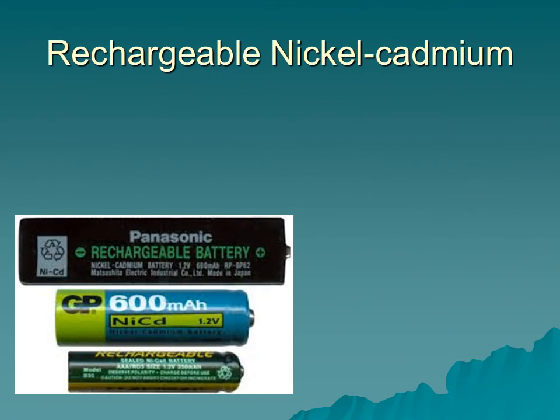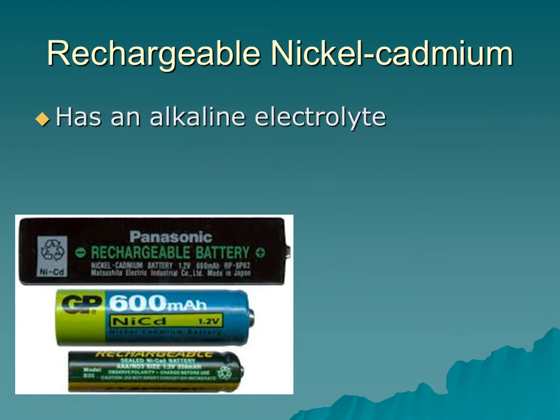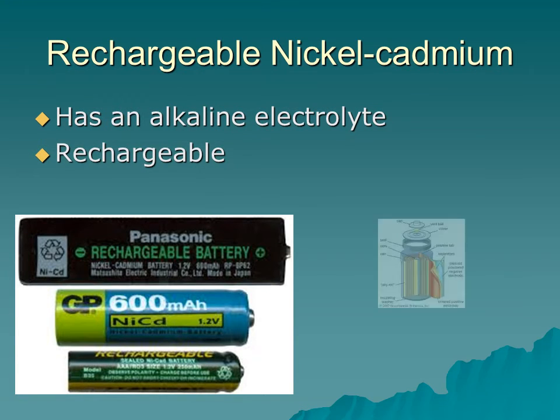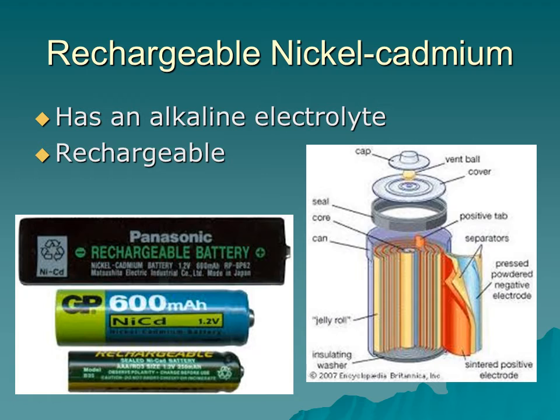Rechargeable nickel-cadmium cell has an alkaline electrolyte and is fully rechargeable. It has more or less the same construction as the Leclanché dry cell, but is made up of different layers of different chemicals, which serve as either positive or anode and negative or cathode material.